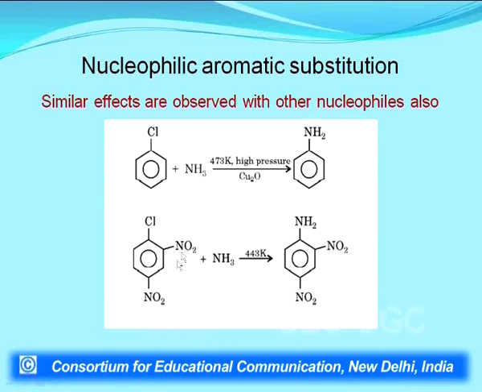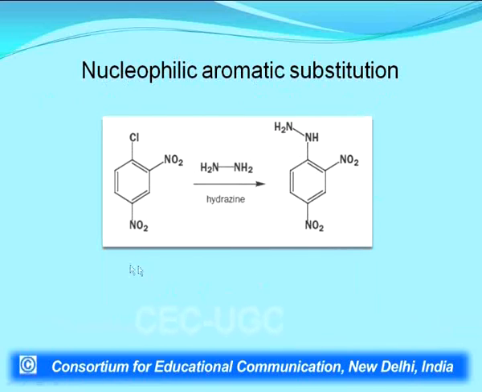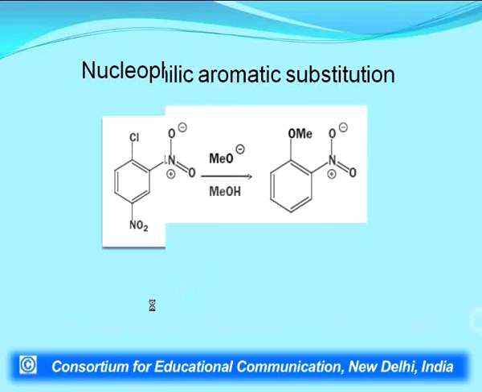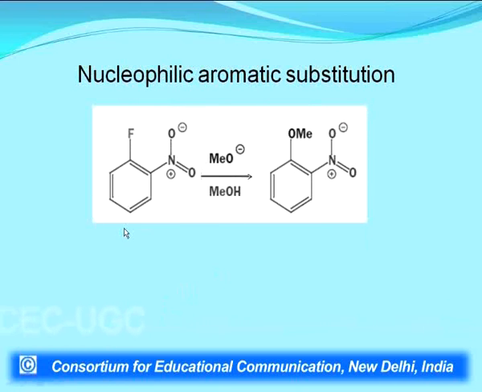But if two nitro groups are there at 2 position and 4 position, that is 2,4-dinitrochlorobenzene, this requires treatment simply with ammonia at 443 Kelvin, and this Cl is replaced by NH2. 2,4-dinitrochlorobenzene reacts very easily with hydrazine, and we get 2,4-dinitrophenylhydrazine, meaning this hydrazine group substitutes this chlorine. A very interesting example.